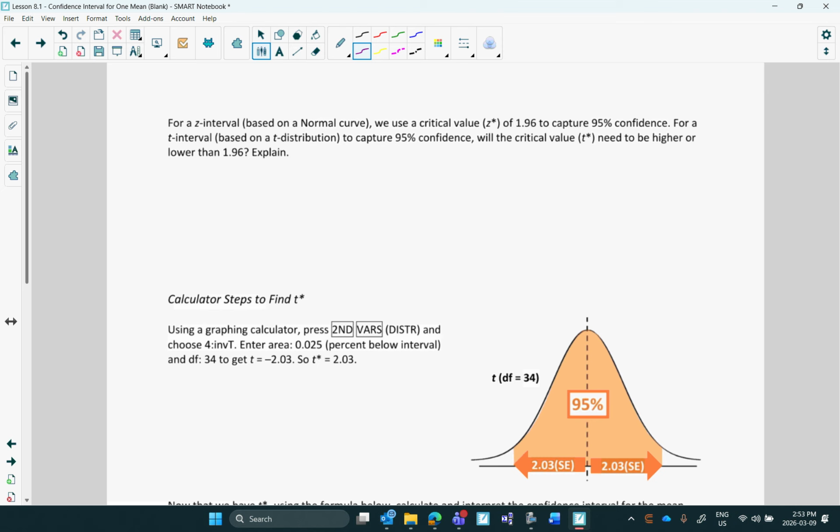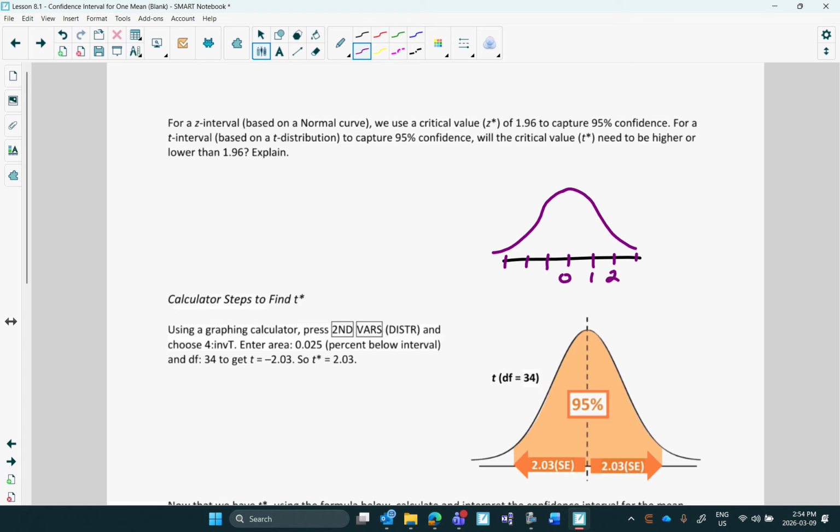I'll just sketch this. Don't draw this. Remember, we had 0, 1, 2, 3, -1, -2, -3.